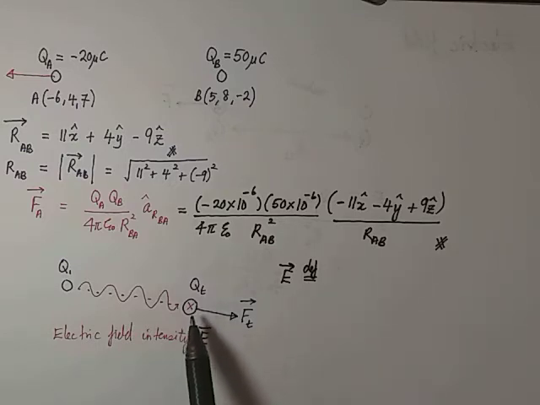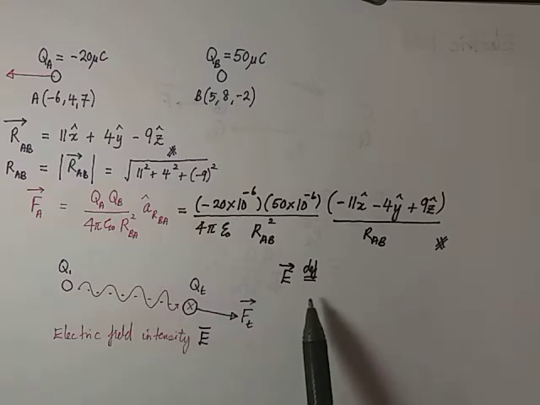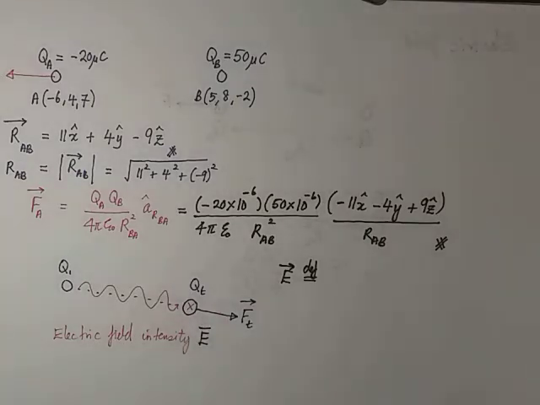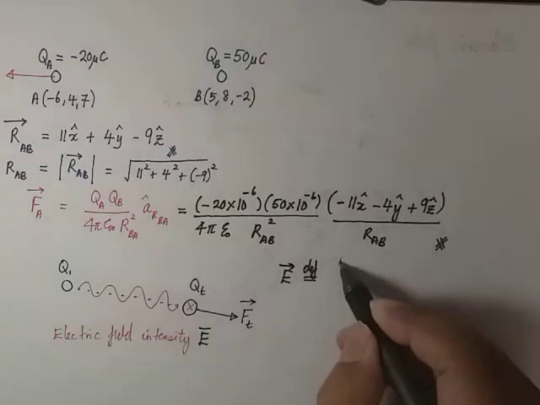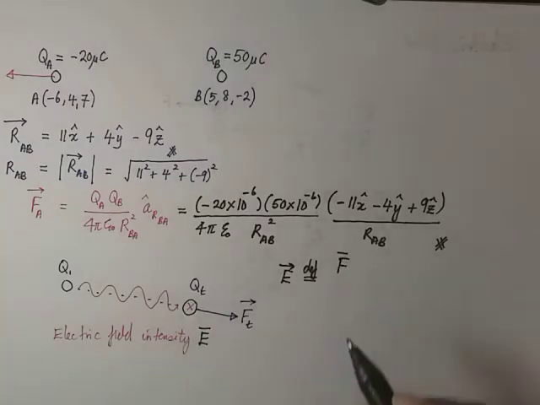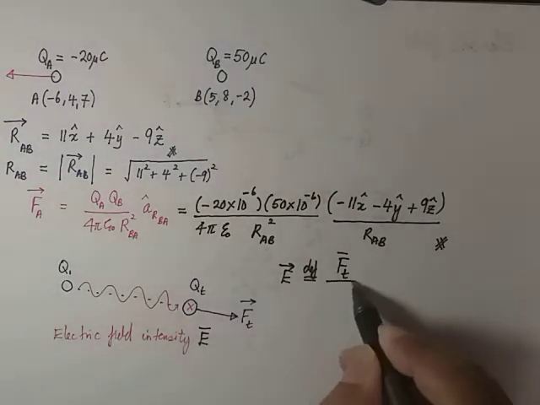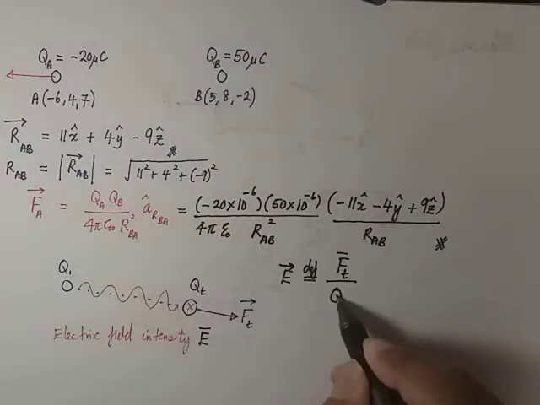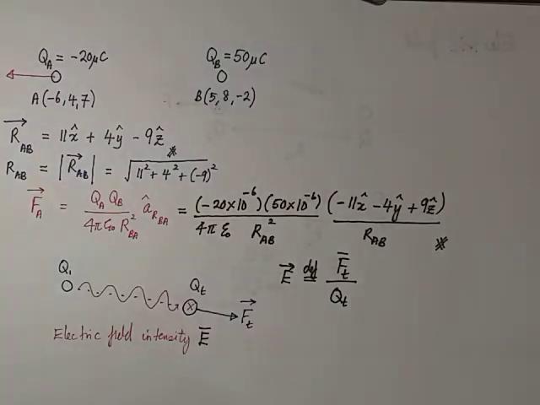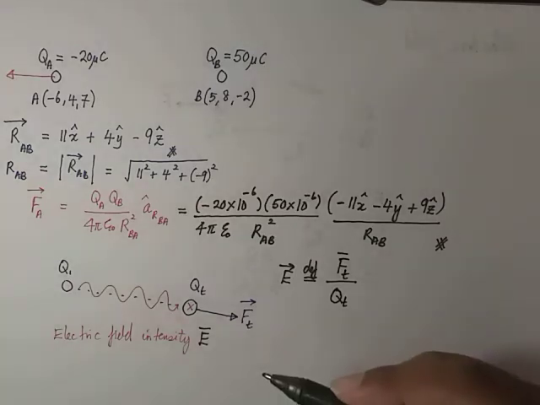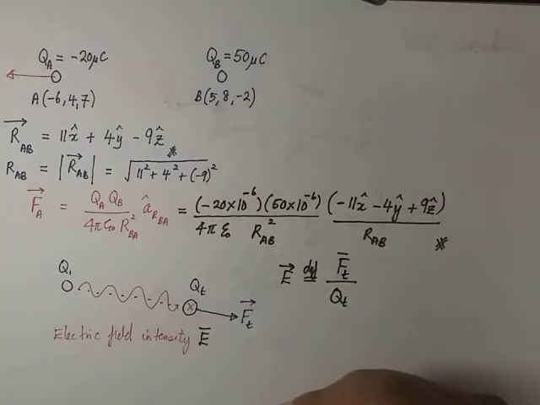So by definition, E is defined as the force that appears at that location, which is Ft, divided by the charge that you place at that location, the test charge Qt. This is the definition of electric field intensity: the force at that location divided by the charge at that location.